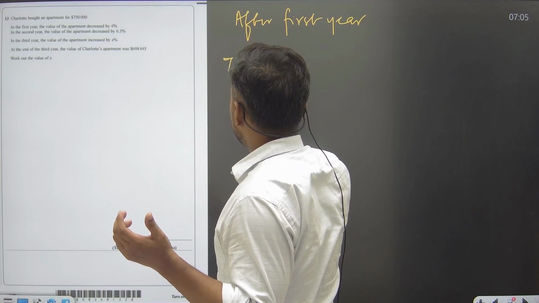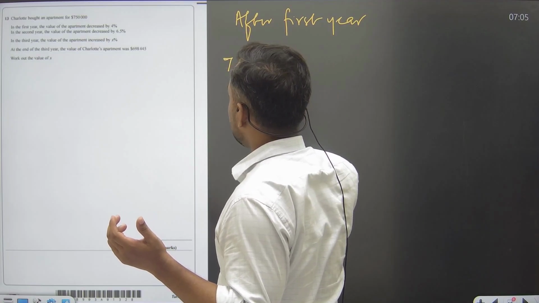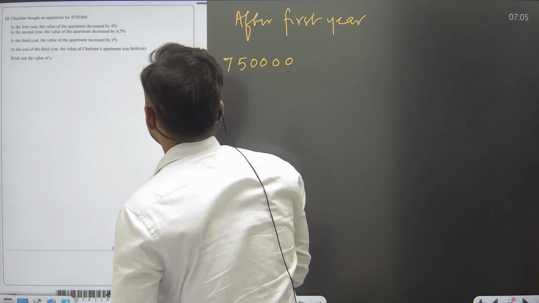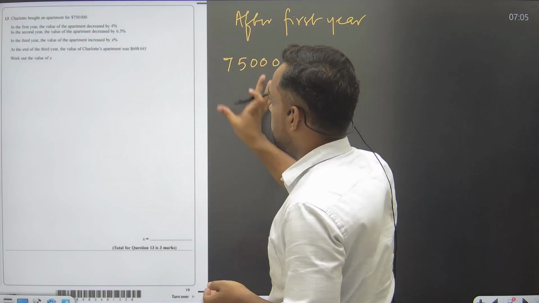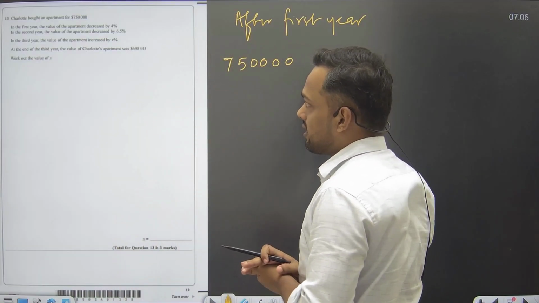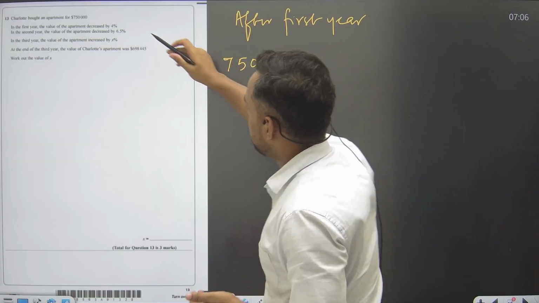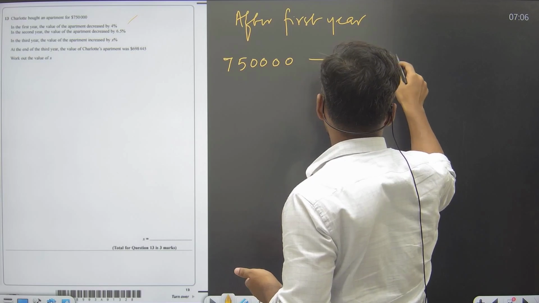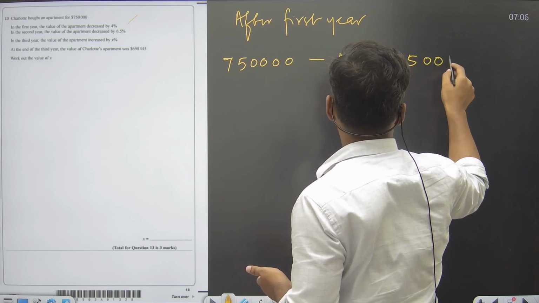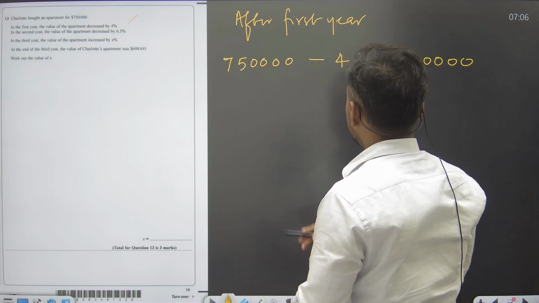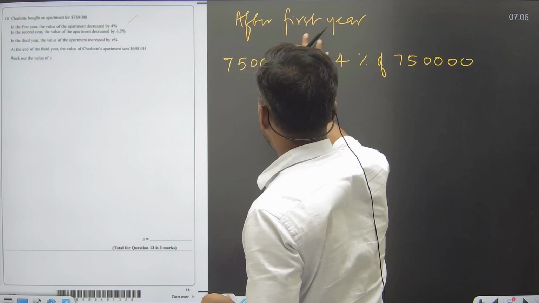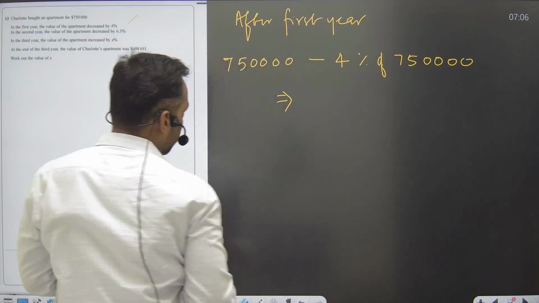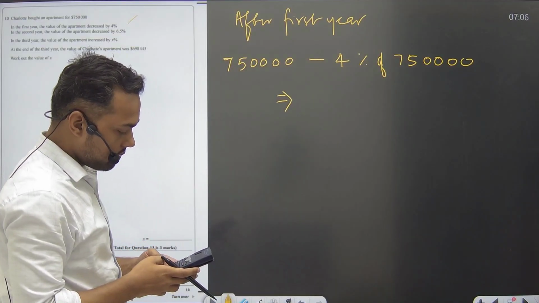So the amount first was this, the particular amount for which Charlotte bought the apartment, and this is decreased by 4%, meaning minus 4% of 75. Okay, so this will be the value of this particular apartment after the first year. So you need to calculate this.